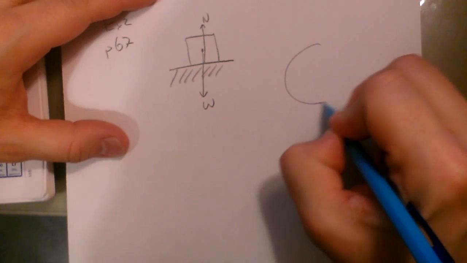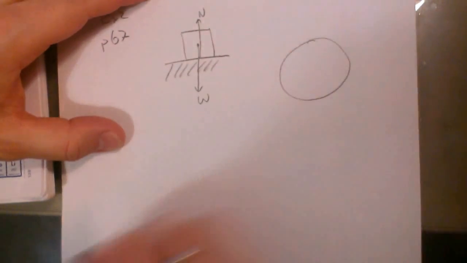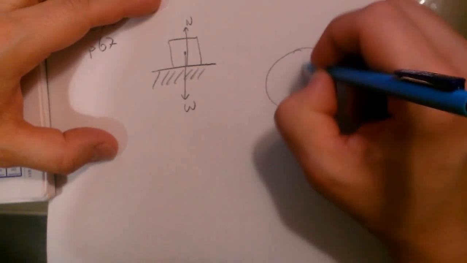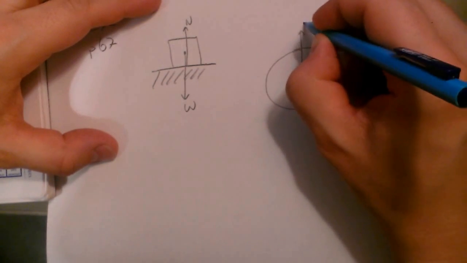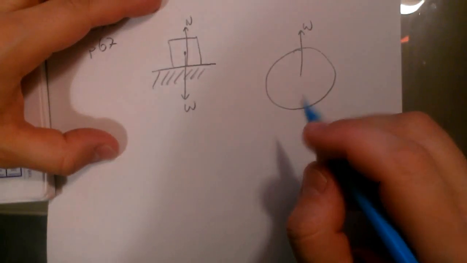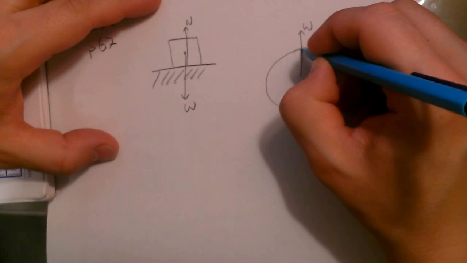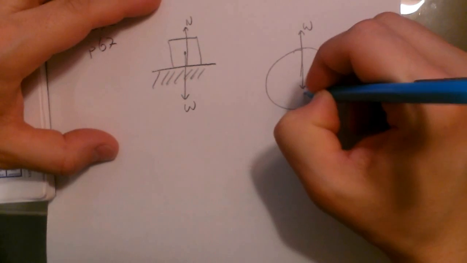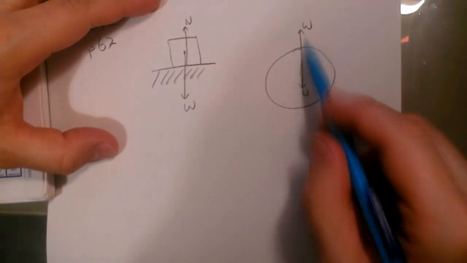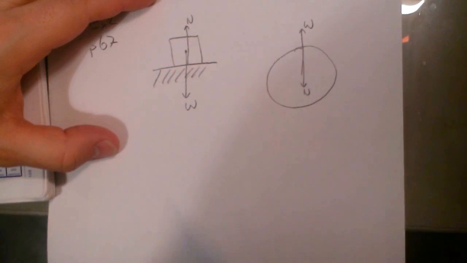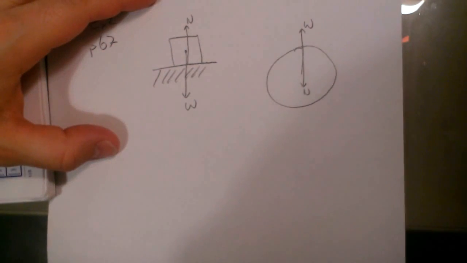There are forces acting on the ground or the earth. There's a force acting up from the box's weight on the earth, and there's also a force acting down from the box. And these magnitudes are equal and opposite because the box is not moving.